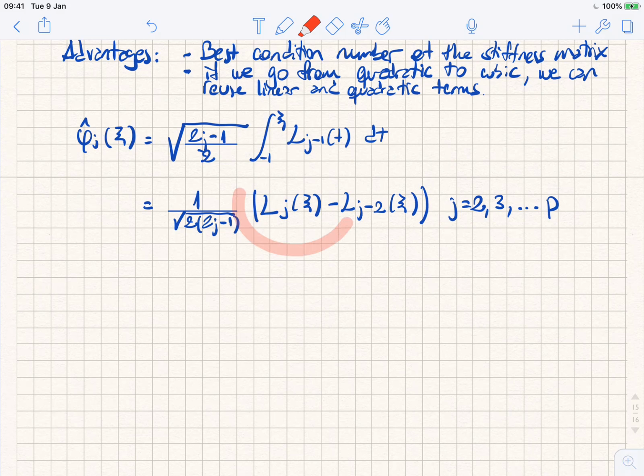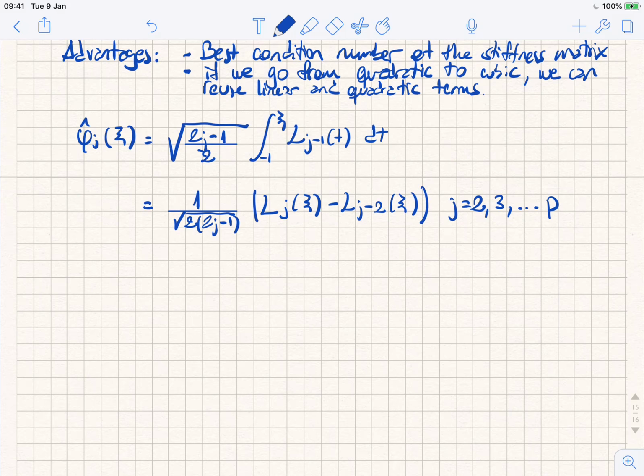Here I need the Legendre polynomial of order J, and then I can call J minus 1. In the implementation, what you see in the book chapter that I gave you, this function is actually calling itself, which is very handy, because the implementation turns out to be super simple, and it's very nice.